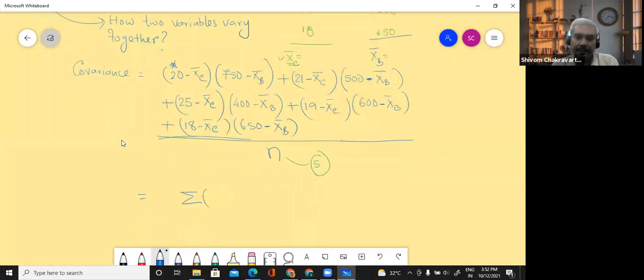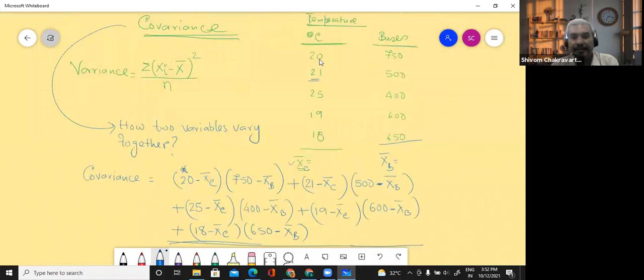Each of these temperatures is T_i. So 20 is T1, 21 is T2, 25 is T3, 19 is T4, 18 is T5. And we will call these P1, P2, P3, P4, P5, these bus numbers.